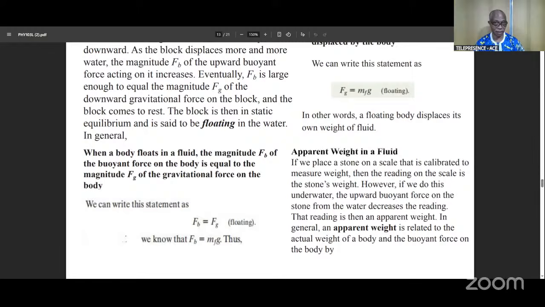Thereby, the reading of what we now take as the weight will decrease. This is the apparent weight.